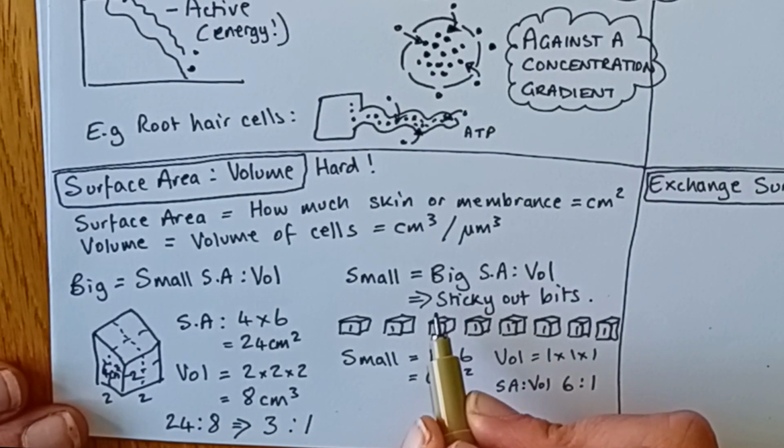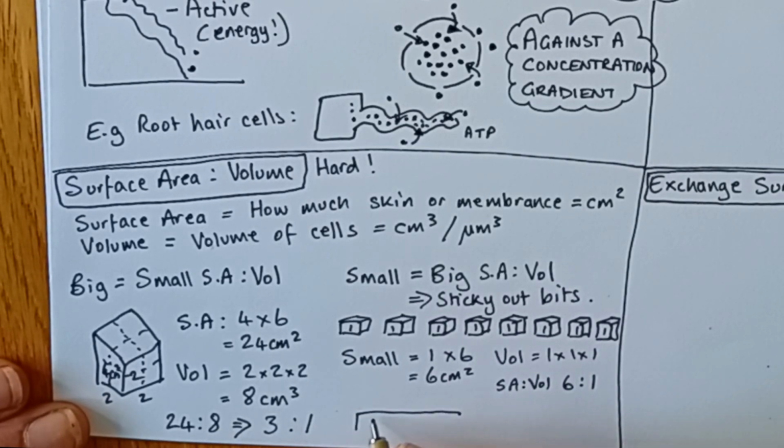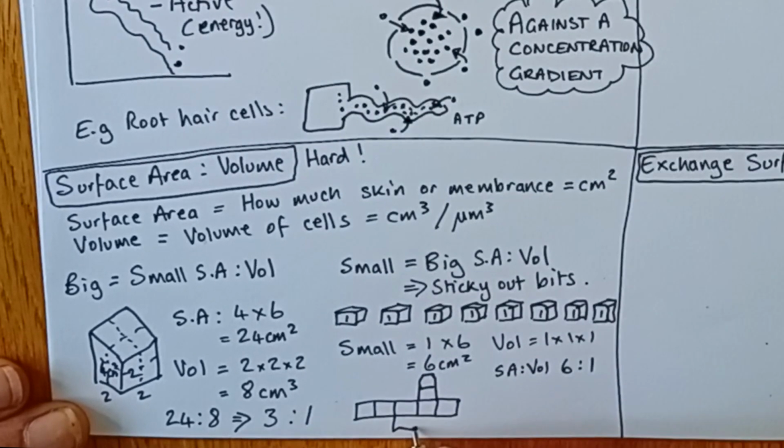But the more common thing that living things do is make sticky out bits. So instead of having 8 separate organisms, I might join those together, 1, 2, 3, 4, 5, into a block, 6, 7, 8.